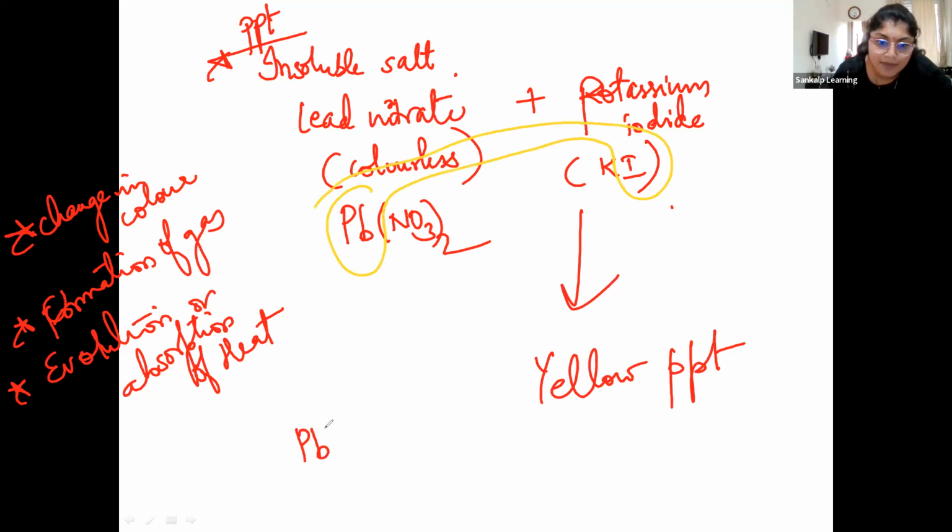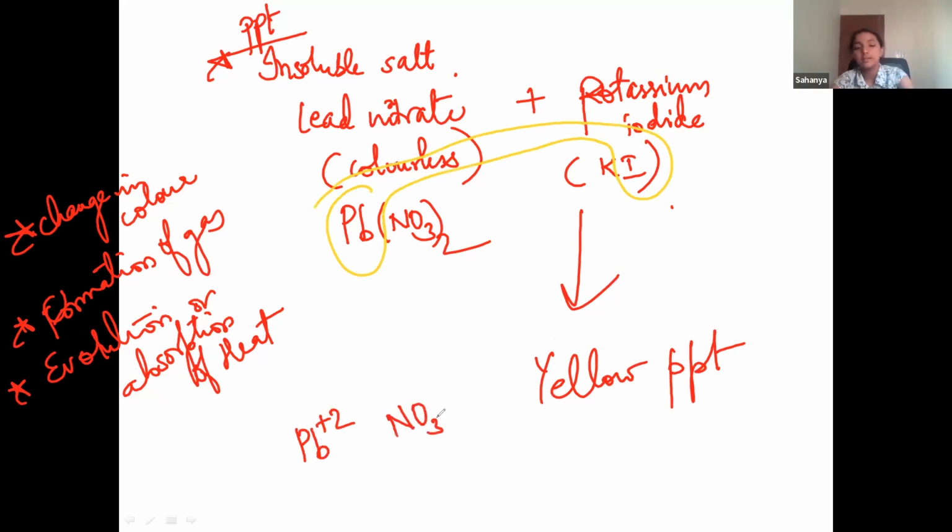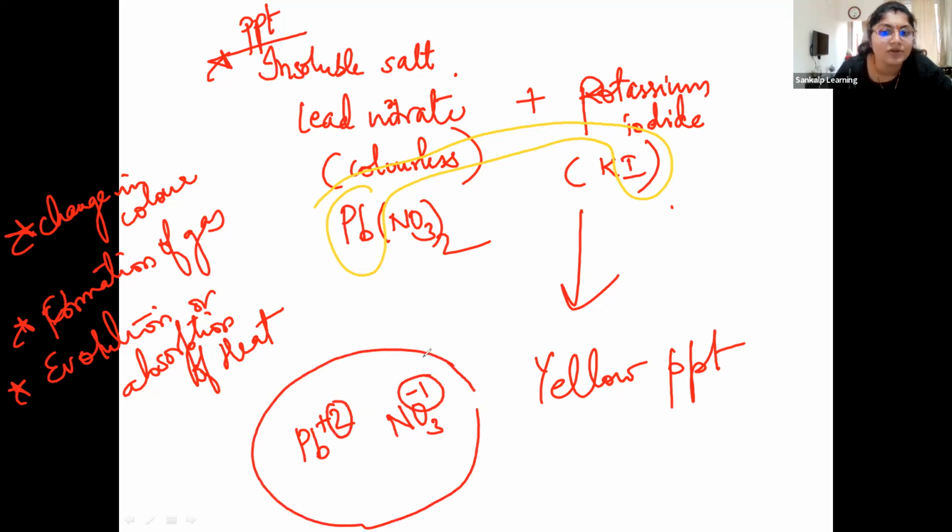So Pb will be +2. Nitrate NO3, each NO3 has a charge of -1.